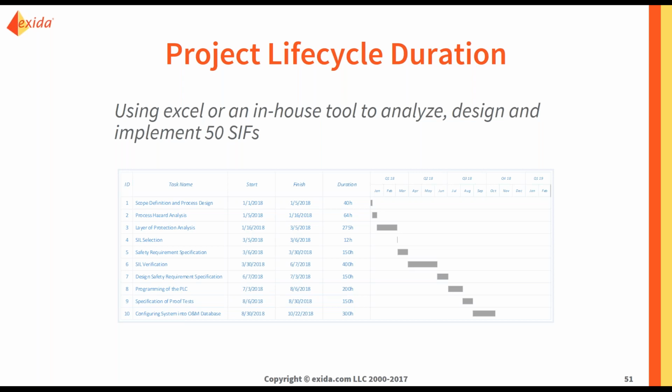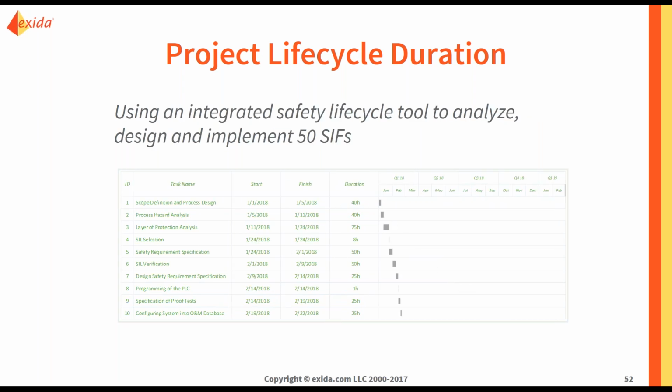And this shows that this could take up to approximately 10 months for 50 SIFs. However, if you're using an integrated safety lifecycle tool, implementing those same 50 SIFs for the same task would take only 3 months. And so you can see how dramatically that impacts the schedule of your project, which is very cool.